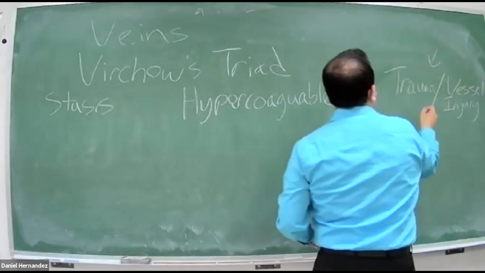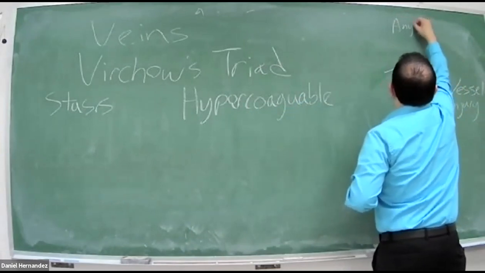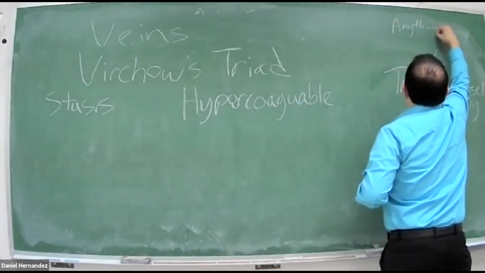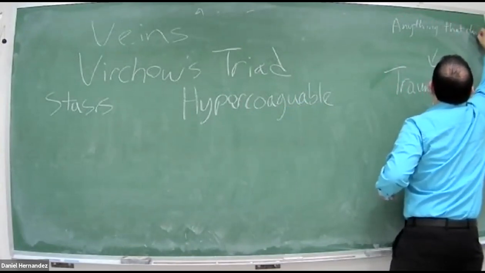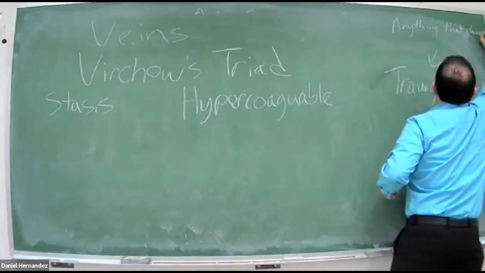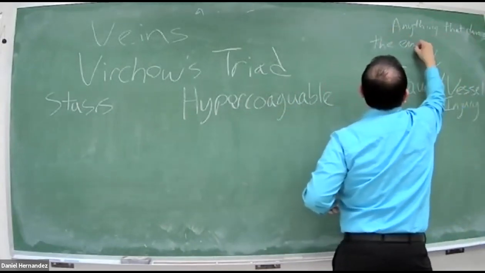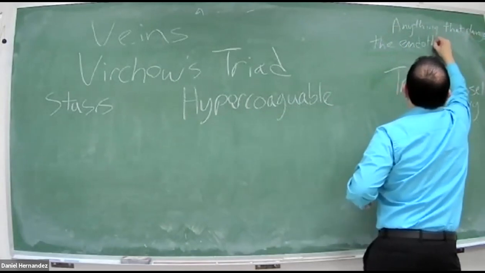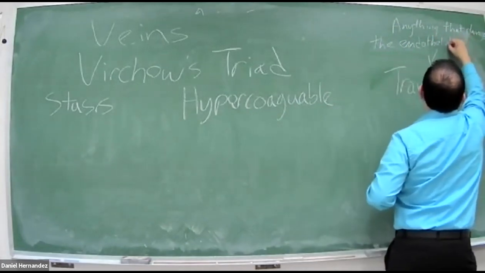So this is going to be trauma, vessel injury. This is anything that damages the endothelial layer, that inner layer of the vessel.